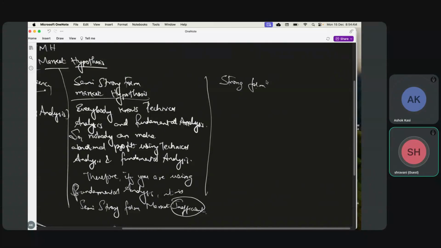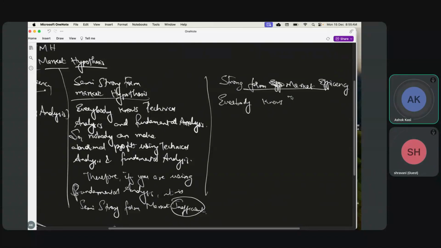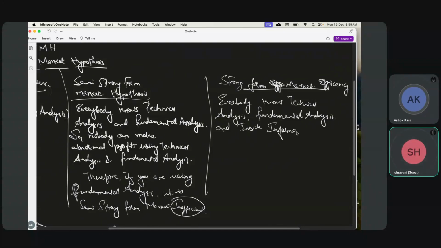Strong form market efficiency: everybody knows technical analysis, fundamental analysis, and even inside information, that is private information.